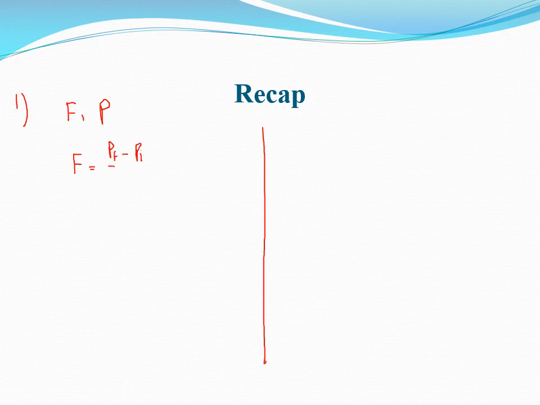So dear students, let's recap what we did in today's discussion. We have discussed two main topics. Number one, we have established a relationship between force and momentum. What is the mathematical form of that? Force is equal to Pf minus Pi divided by t.